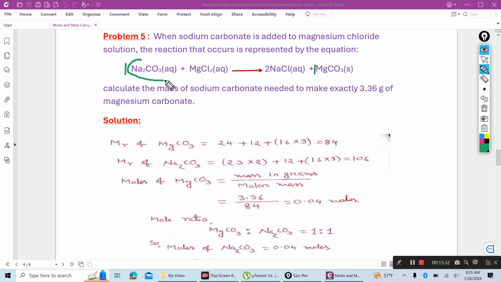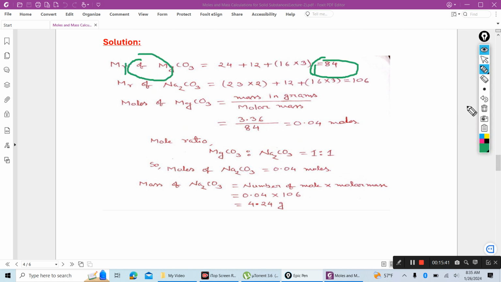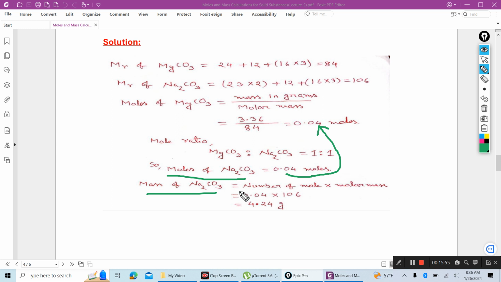So moles of sodium carbonate will be same as magnesium carbonate. Then mass of sodium carbonate equals number of mole of sodium carbonate times molar mass. 0.04 times 106, we get 4.24 gram.